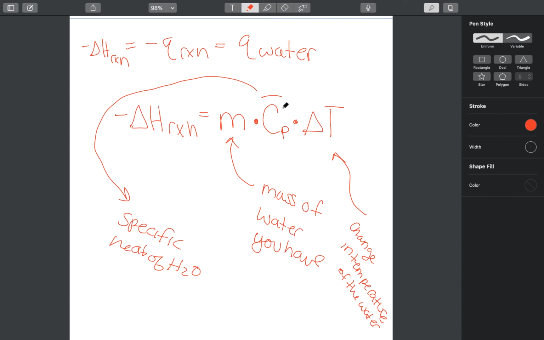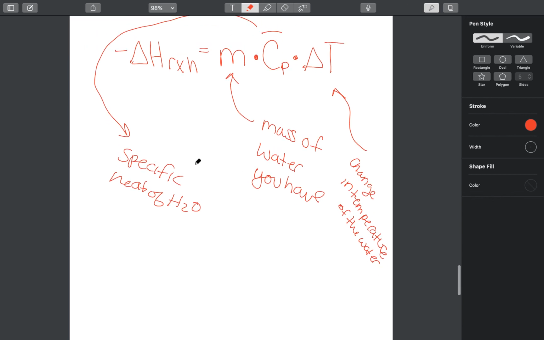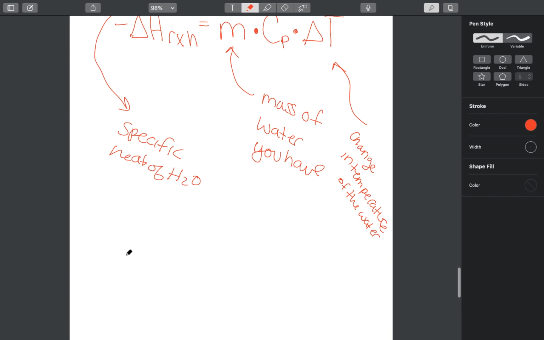This equation here will give you delta H of the reaction. In order to get delta H of the reaction, we can just divide by -1. Therefore, delta H of the reaction is equal to Q of the reaction, which is equal to M times Cp times change in T.